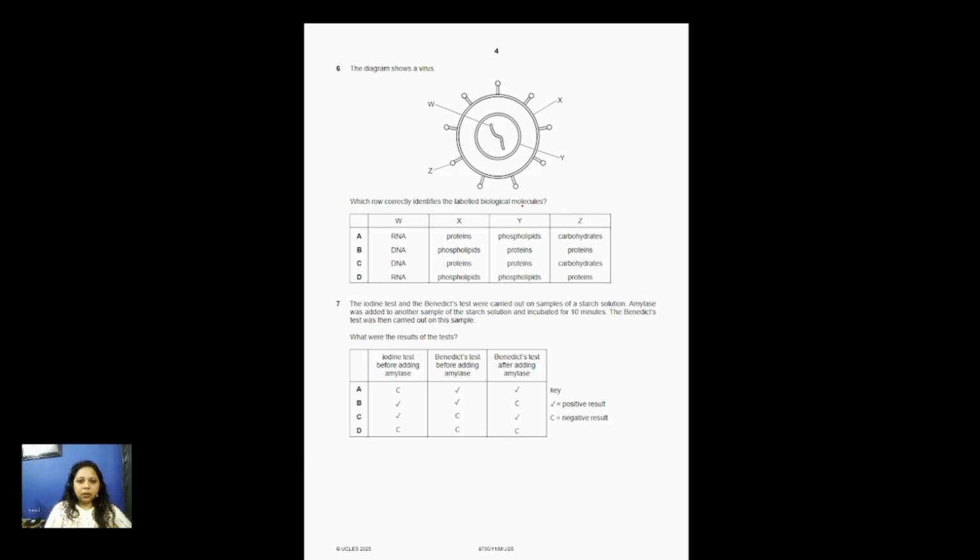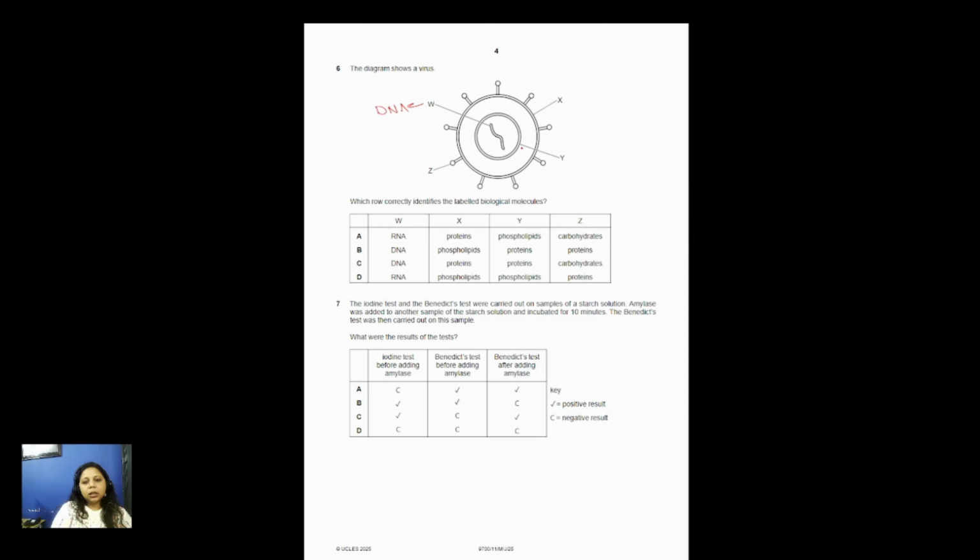Let's just discuss it. What is X? Oh, sorry, WXYZ. So we say this W can be RNA. Let's see if it's a double helix or a single helix. So it seems like a double molecule, so we'll write it DNA.